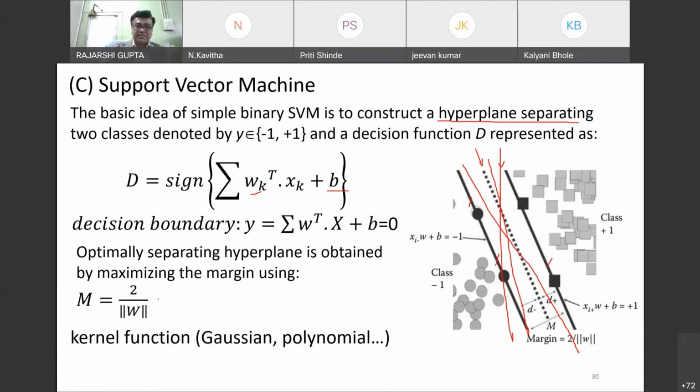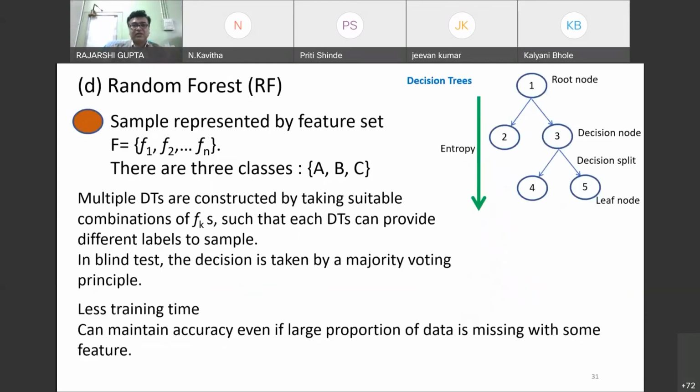This M is the margin. This is guided by this 2, and this is maximized. Sometimes a linear hyperplane is not possible. In that case, kernel functions like Gaussian and polynomial functions are used to map the data into some multidimensional space where we can have easier separability between the classes. I think all these have also been discussed.